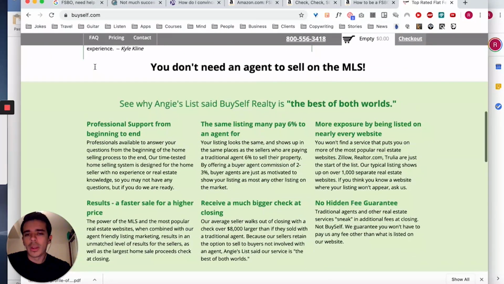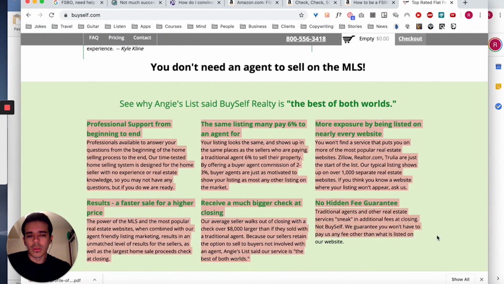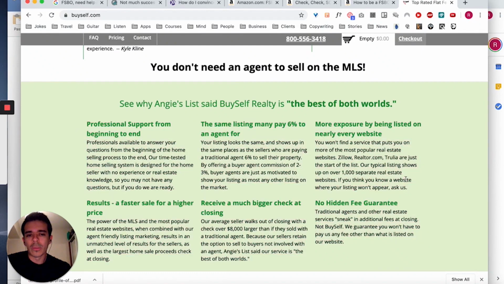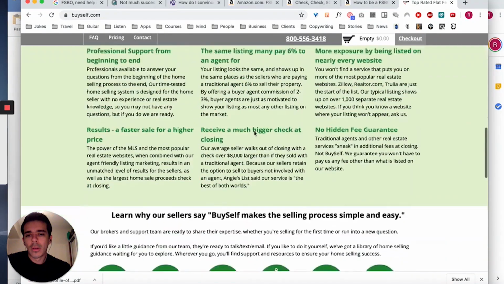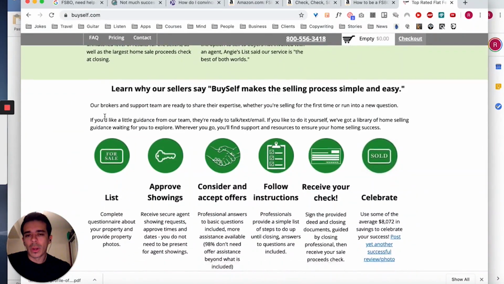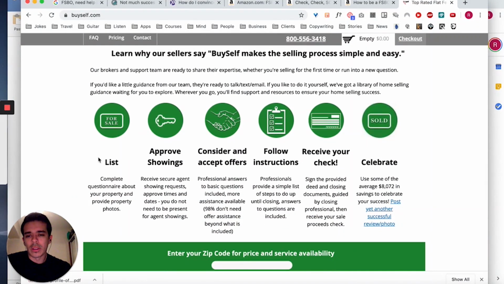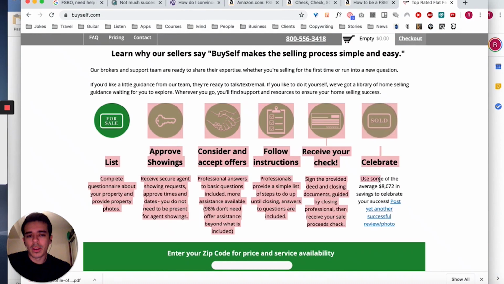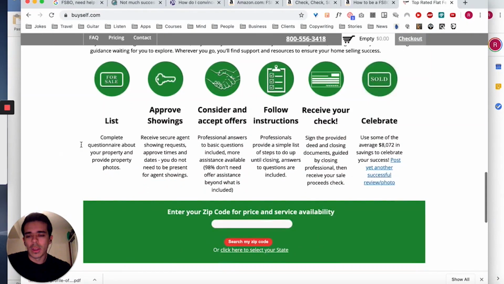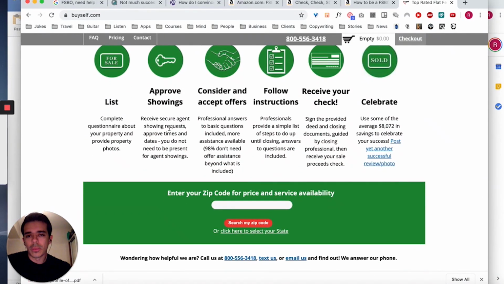Because essentially, this is your competition, right? Someone's going to read this, and it's good to know a counter response to every one of these objections. Learn why our sellers say buy self makes the selling process simple and easy. So that's a cool process they give you right there. List, approve, consider, and accept offers.